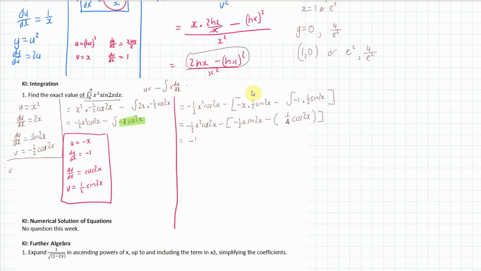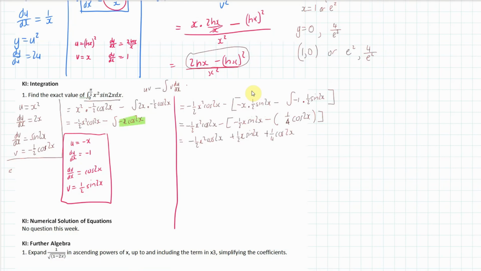Okay, now we can start expanding all of those brackets. So we get negative 1/2 x squared cosine 2x plus 1/2 x sine 2x. Now that minus 1/4 will become positive when we times it by the minus outside the square bracket. So it should be plus 1/4 cos 2x.